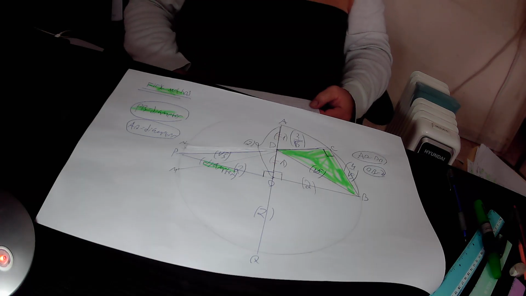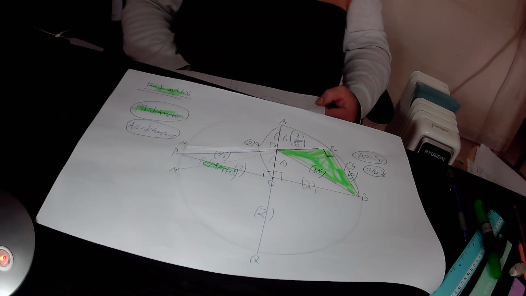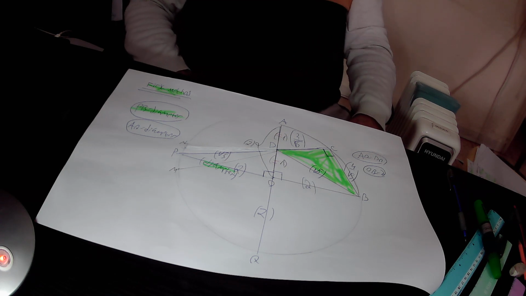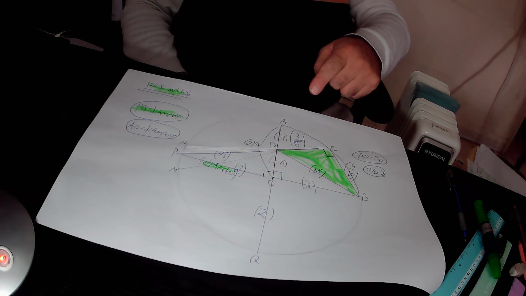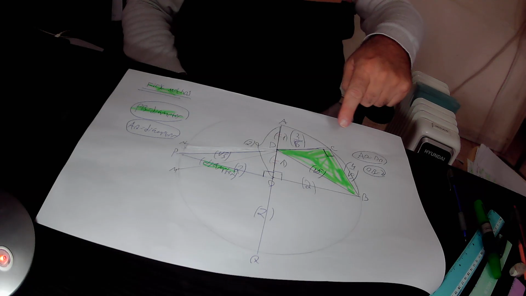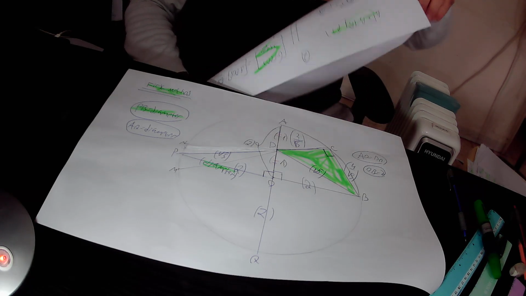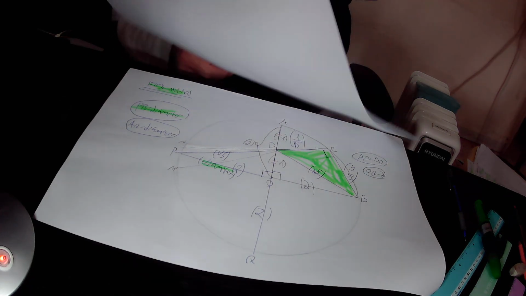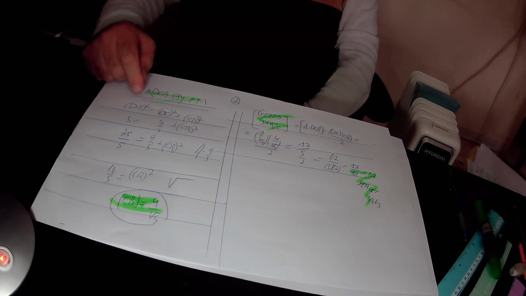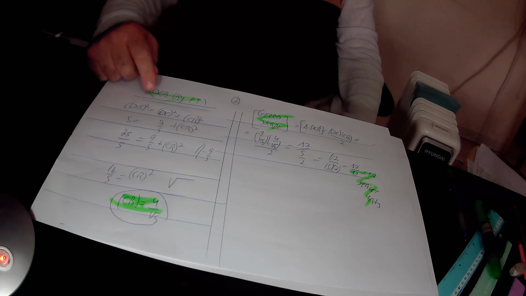In the next step, we implement the Pythagorean theorem on the right triangle DCB. According to the Pythagorean theorem, in this right triangle DCB, DB squared, that is the square of the hypotenuse, equals DC squared plus CB squared.